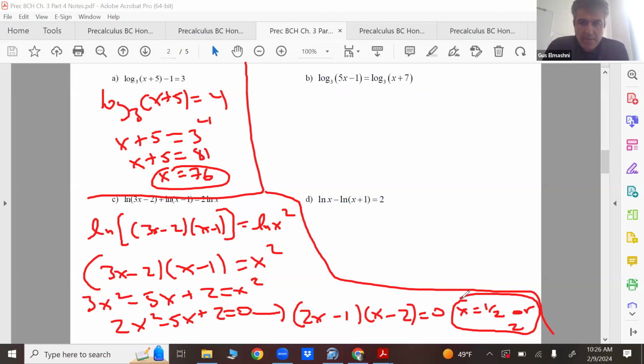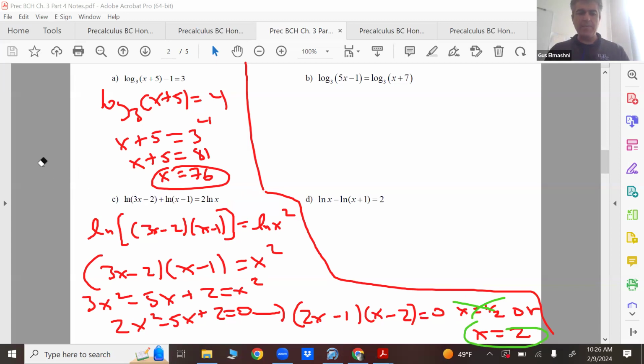However, we have an extraneous solution, guys. Which one's extraneous? Which one would fail? Yeah, the 1/2 fails, because you can't log negative numbers.